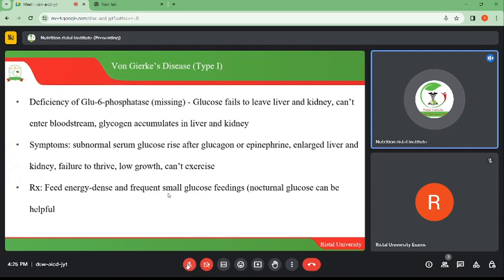And then we get into the treatment. You can feed with energy dense and frequent small glucose meals, the so-called nocturnal glucose, which can be helpful.